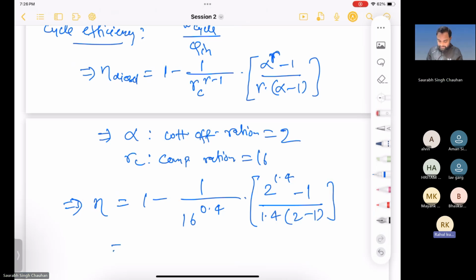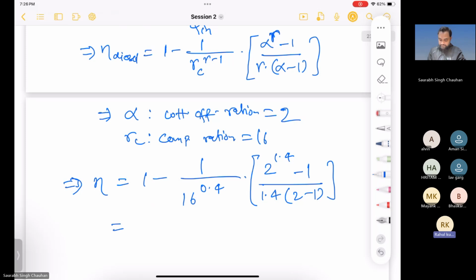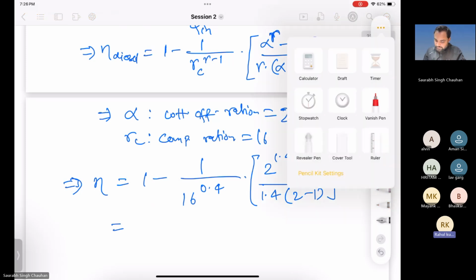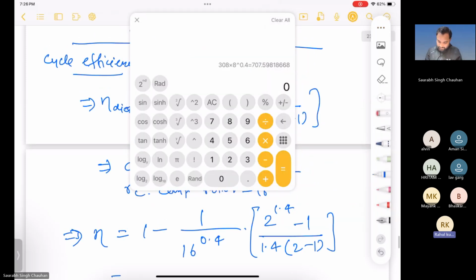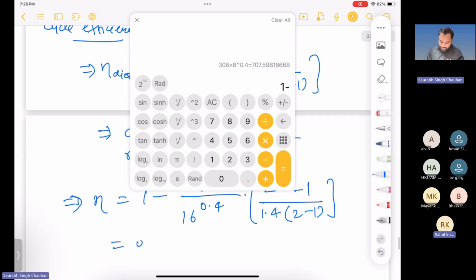Okay, 0.1127. So if anyone else also calculated this value, please confirm.